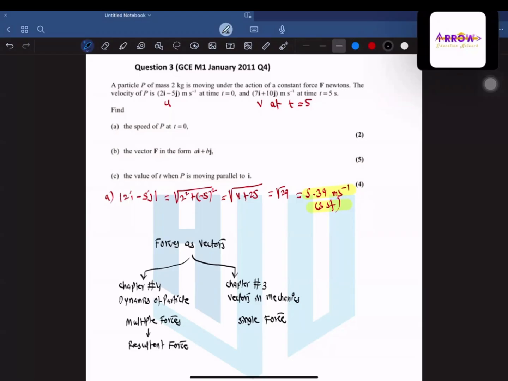You can right now avoid those questions which are dealing with multiple forces. But if you have completed chapter number 4 as well, that's also perfect. But for the purpose of this past paper handout, I have only given those questions where the particle is under the action of a single force. The questions which are based on multiple forces, that handout will come in chapter number 4.